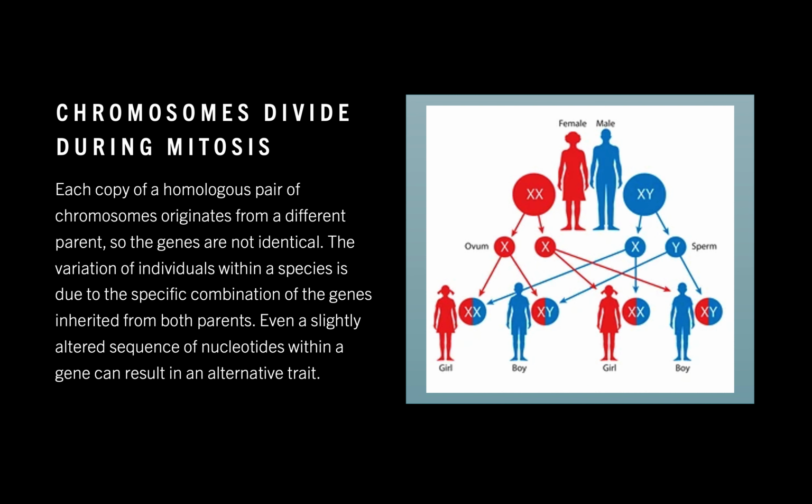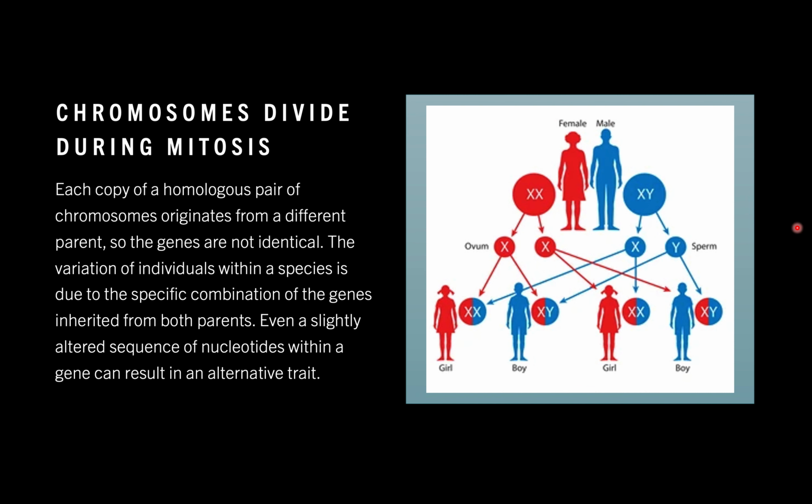So, chromosomes divide during the process of mitosis. Each copy of a homologous pair of chromosomes originates from a different parent, so the genes are not identical. The variation of individuals within a species is due to the specific combination of the genes inherited from both parents. So that's basically a fancy way of saying that our genes are different from those of our neighbors or our friends because we have a very specific set of genes that comes from both mom and dad.